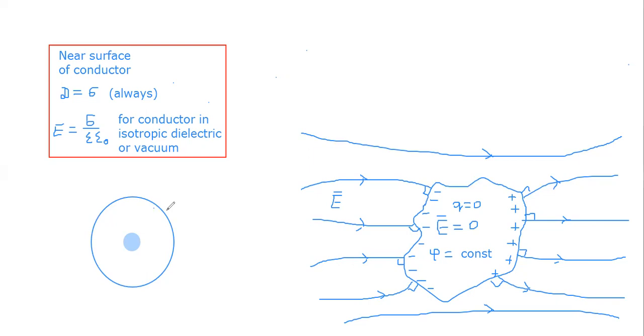So the conductor is a shield. The conductor provides the so-called shielding or shield effect.